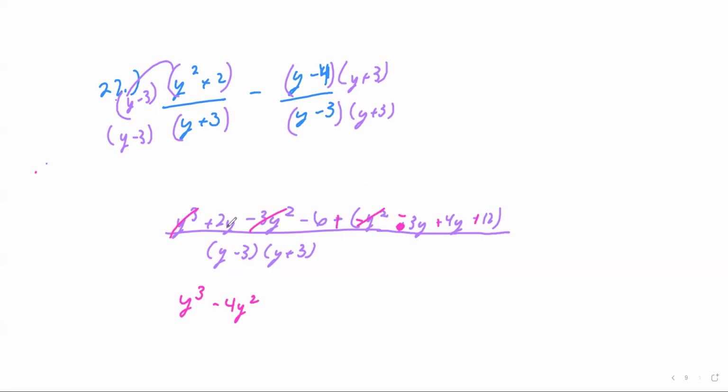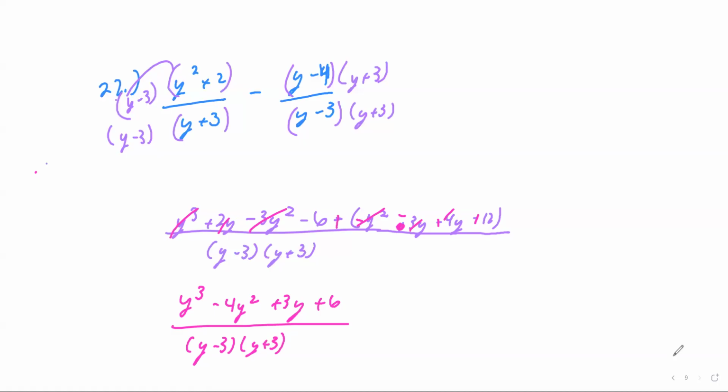So negative 2, negative 1, positive 3y. And then negative 6 plus 12 just gives me positive 6 over y minus 3y plus 3. All right, so hopefully that made sense with the adding and subtracting.